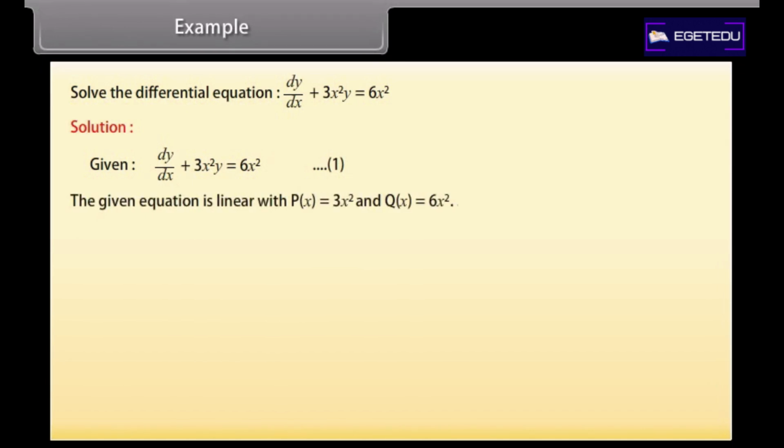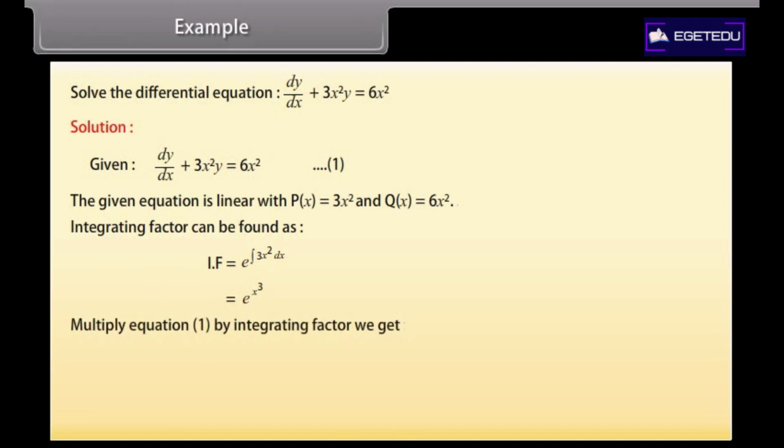The given equation is linear with P(x) = 3x² and Q(x) = 6x². Integrating factor can be found as I.F. = e^(integral of 3x² dx) = e^(x³).